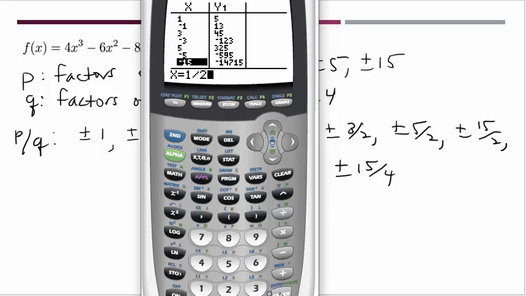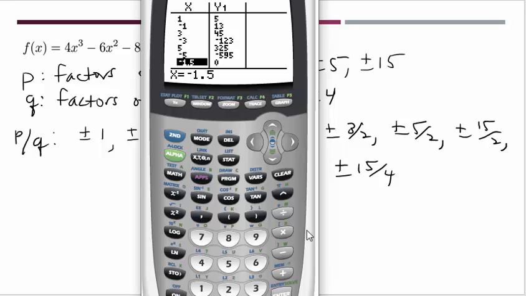So 1/2, -1/2, 3/2, -3/2. Okay, here is a y value of 0. This is a real zero, which is a rational number, -1.5, -3/2.